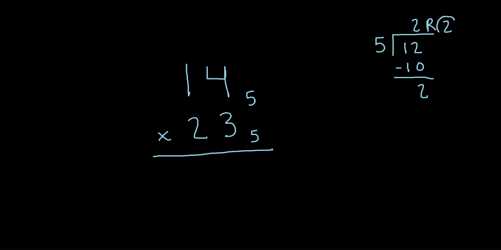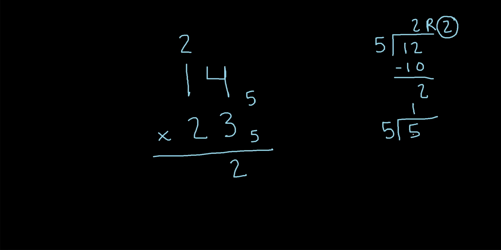Now here's the trick. The remainder that we get right here, this is the value that we write right here. And the whole number that we got from the division, so this 2 right here, gets added to the next column. Okay, so now we repeat the process. 3 times 1 plus 2. That would be 3 plus 2, which is 5. So we got a number that's 5 or greater, so we have to ask ourselves, how many 5s go into that number? Well, how many 5s go into 5? That would just be 1.